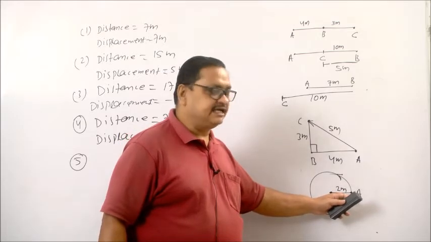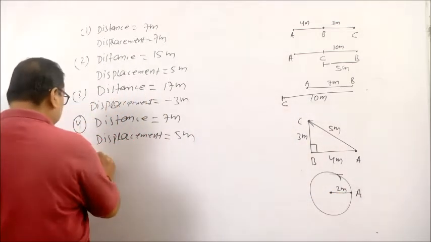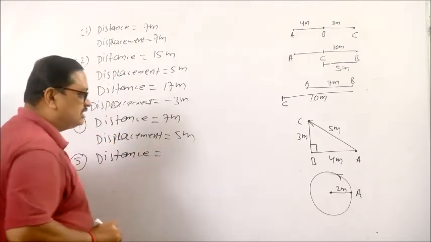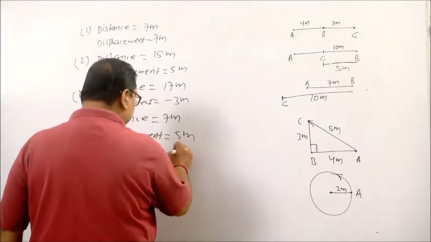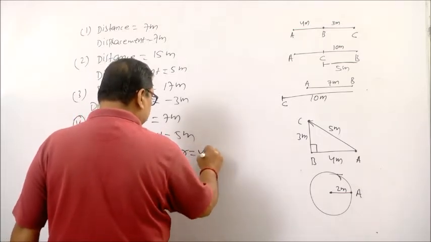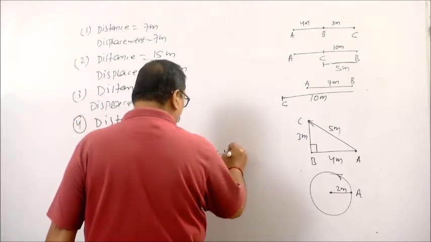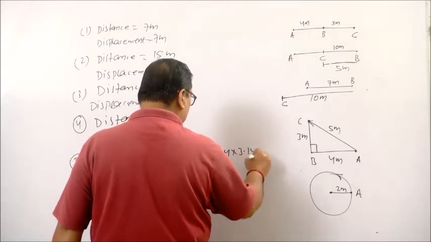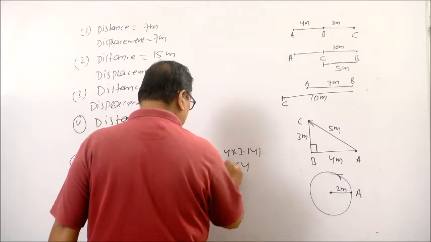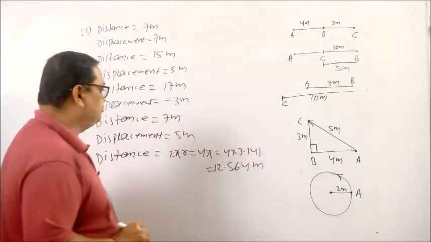Again it is reaching A. So distance is the circumference, because the path covered by the body is known as circumference. Circumference is 2 pi r, radius is 2 meter. So this is 4 pi, 4 into 3.141, 12.564 meter.